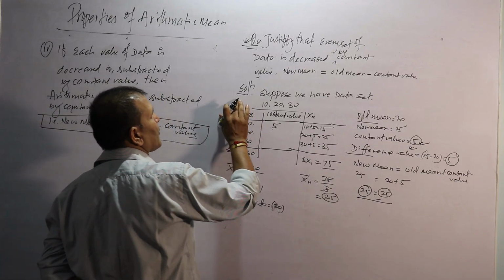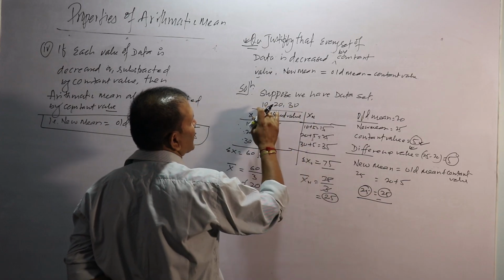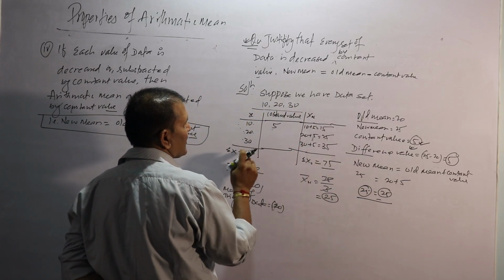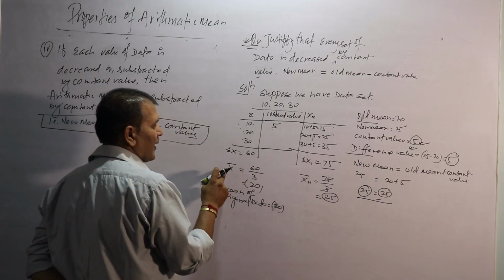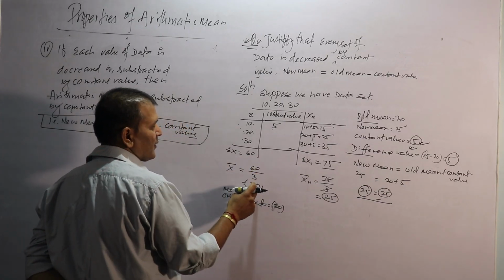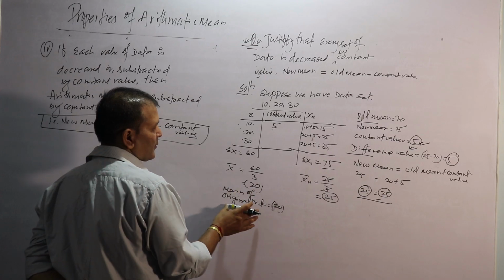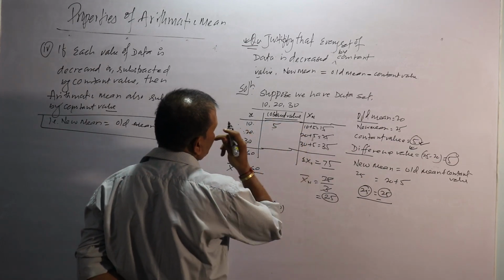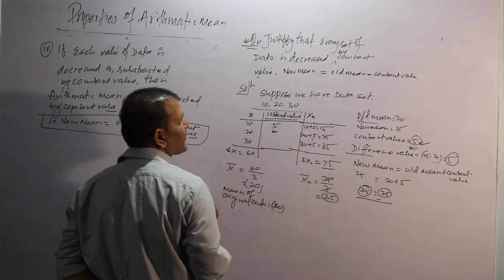So suppose we have a data set 10, 20 and 30. The summation x is 10 plus 20 plus 30, which is 60, and the mean we calculate is 60 by 3, 20. So the mean of the original data is 20. Suppose the constant value we subtract is also taken as 5.